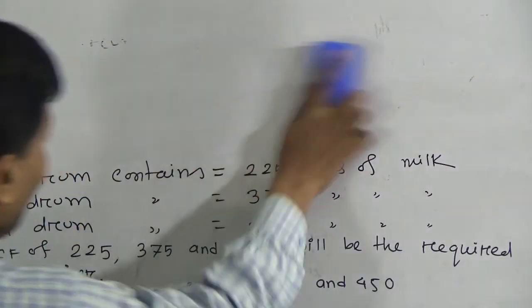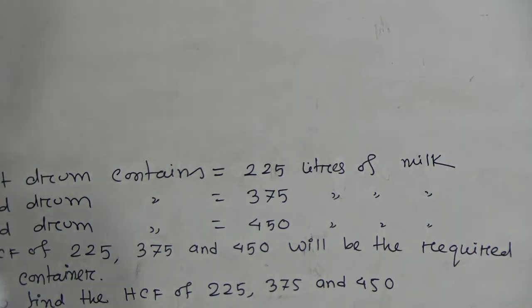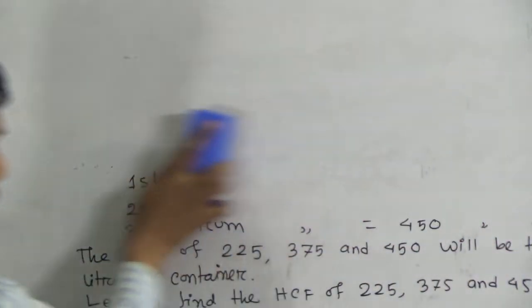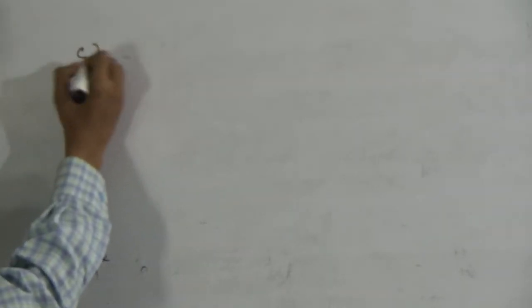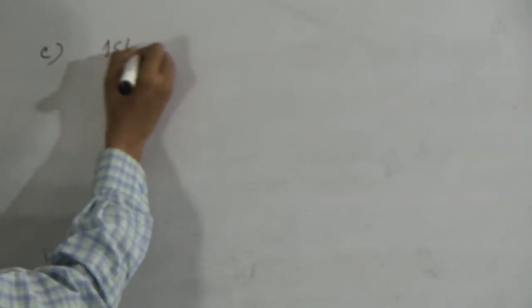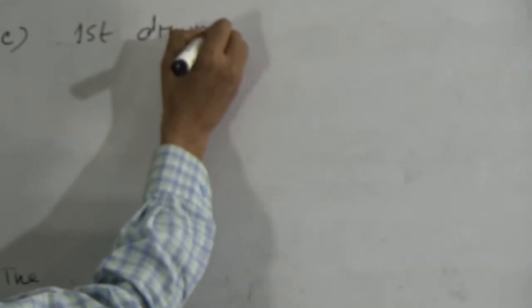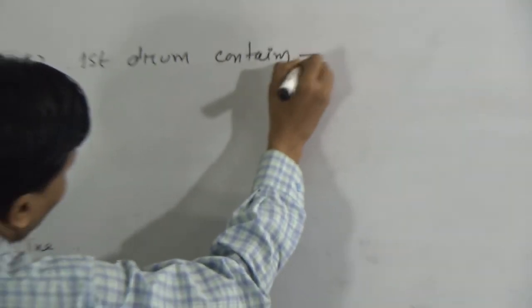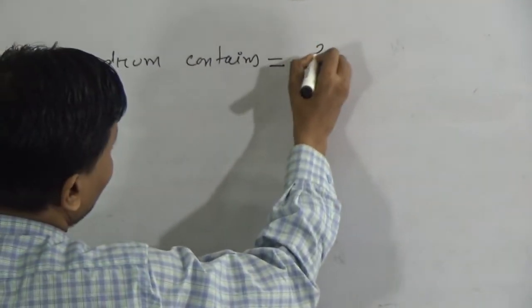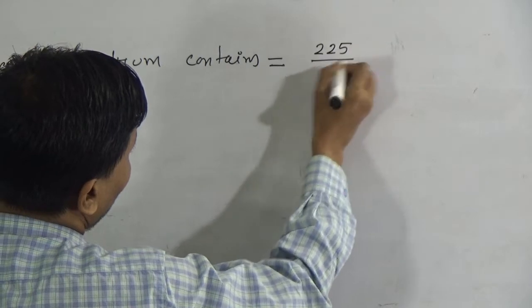We have to find out one by one. The first drum contains what, second drum contains how many containers, third drum contains how many containers. We have to find out now. Now write, first drum contains 225 by 75.